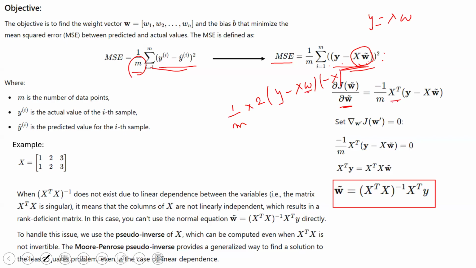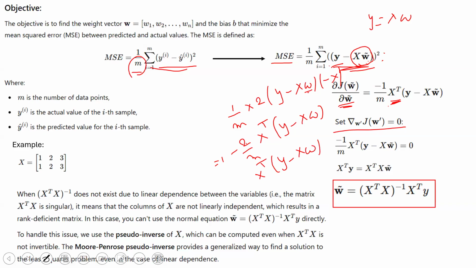Due to dimensionalities, you add the transpose. Since this is a matrix multiplication, this all looks like minus 2 by m into x transpose (y minus x into w). Then you equate the derivative to 0 to get the minimum value. The 2 goes to the other side, and m goes to the other side, so finally we are left with x transpose into (y minus x into w) equal to 0.